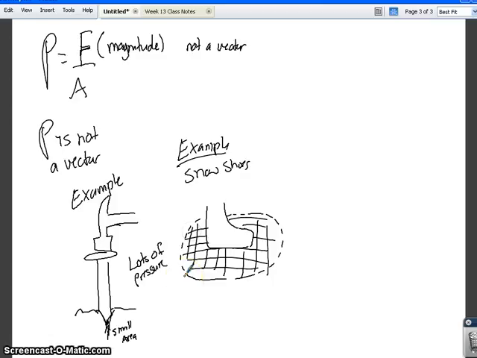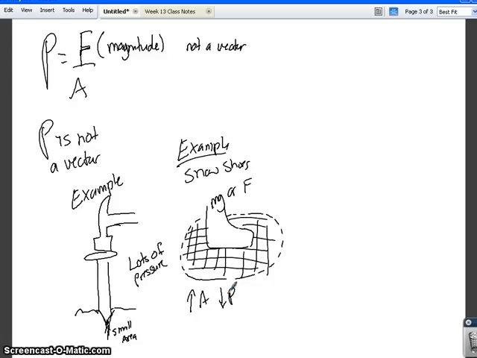This snowshoe is taking your weight, or force, and dividing it over a larger area. If we have a larger area, we have less pressure, and so you won't fall into the snow every single time. You'll stay on top of the snow because it has a smaller pressure. So pressure is equal to force over area.